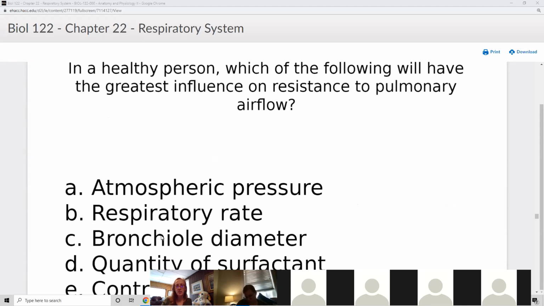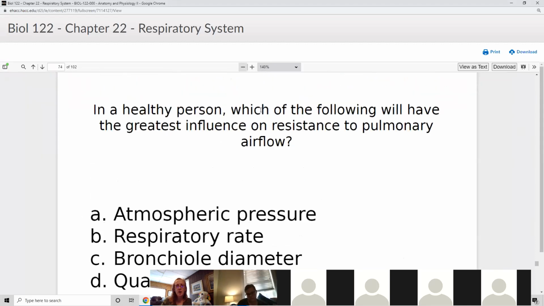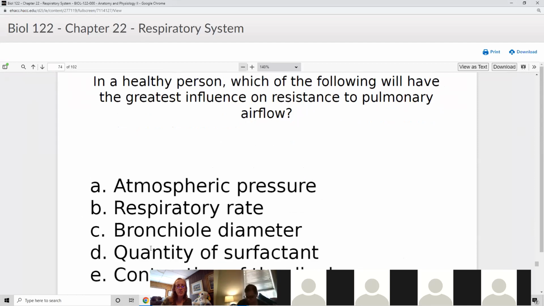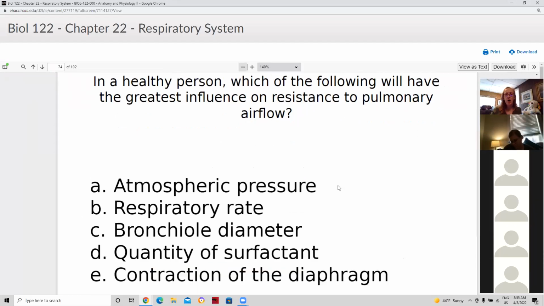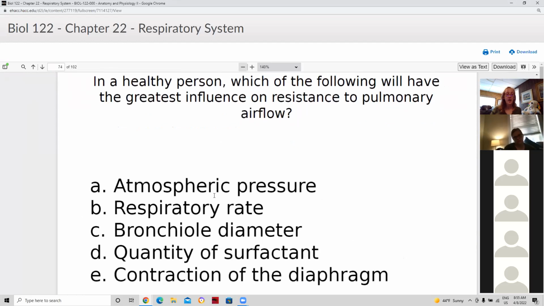In a healthy person, which one will have the greatest influence on resistance to pulmonary airflow? C. How did you know that? It was on the test. How else did you know that from what we've just been talking about?